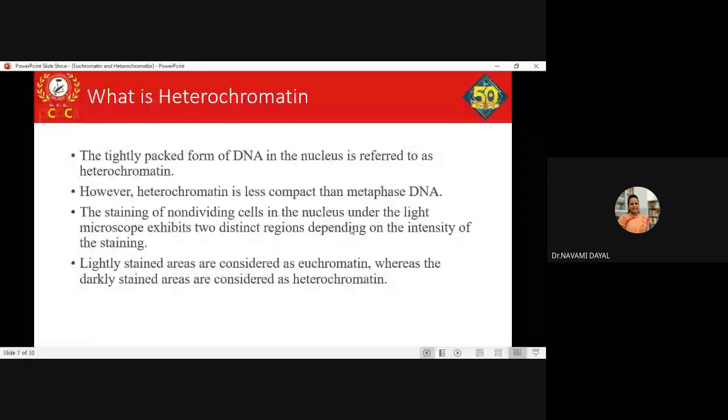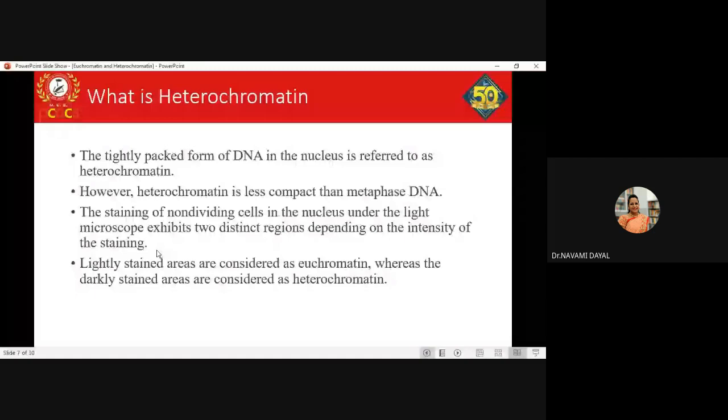The staining of the non-dividing cells in the nucleus under the light microscope exhibits two distinct regions depending on the intensity of the staining. So when you stain a particular DNA, the bands that you see, we will come to that in our later lectures. Chromosomes are differentiated also depending upon the band pattern on the chromosome.